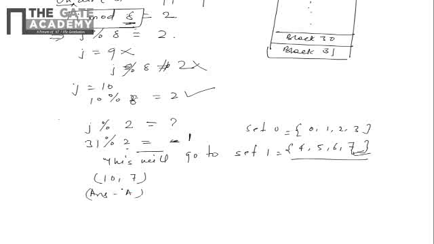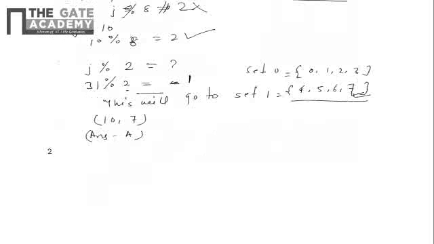Now the second part; this was the first part of the question. The second part they have asked: in the following sequence of memory block references from the CPU, beginning from an empty cache, on which reference must the cache layout for a direct mapped and a four-way set associative cache first differ? So we have to find the first difference, in which cycle the direct mapping and the set associative mapping are going to vary.